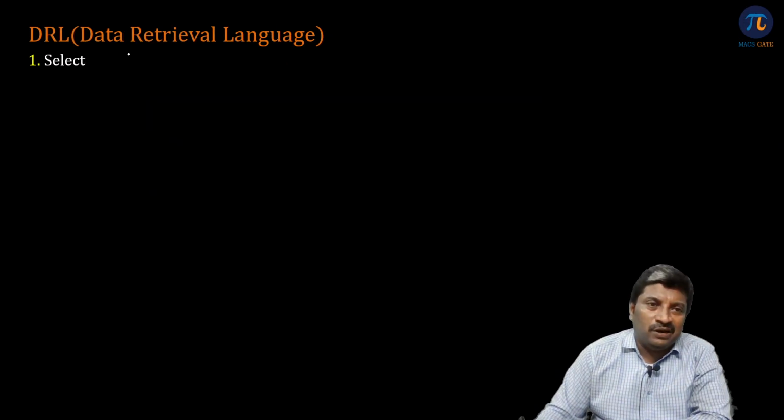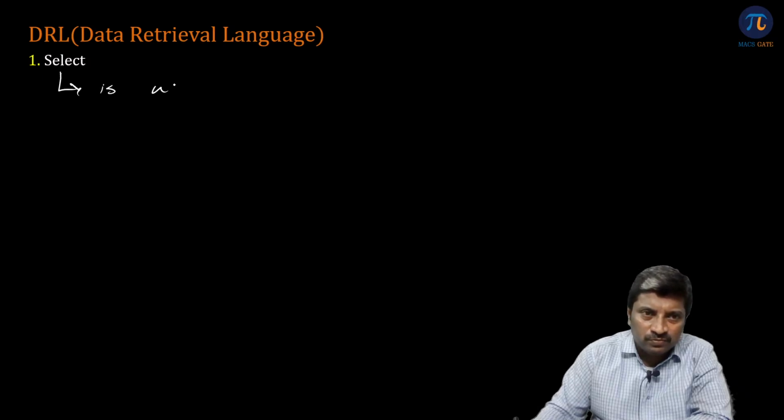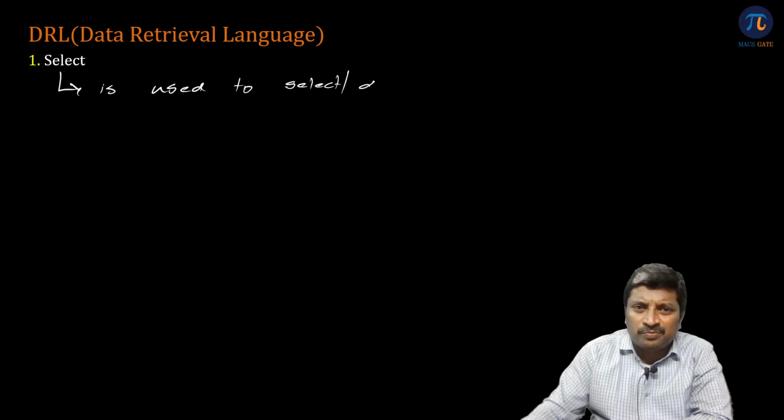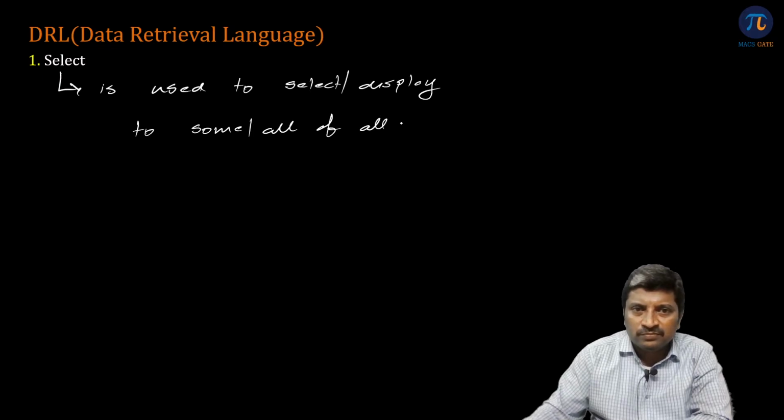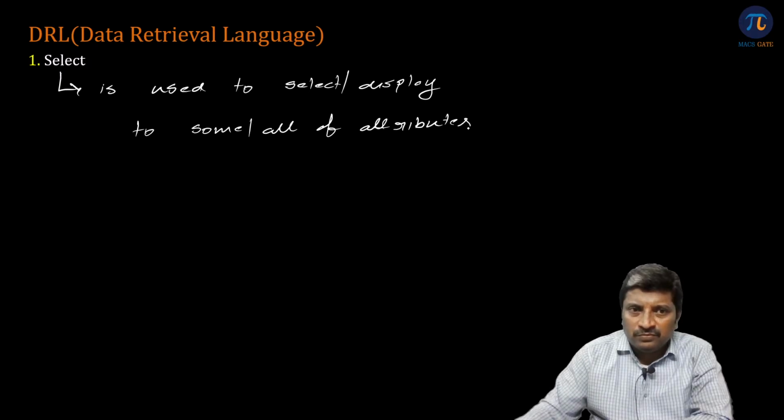Then coming to DRL. This is select, sir. Generally this is used to select. Instead of select, better to say display some of the attributes or all of the attributes of some of the records or all of the records.